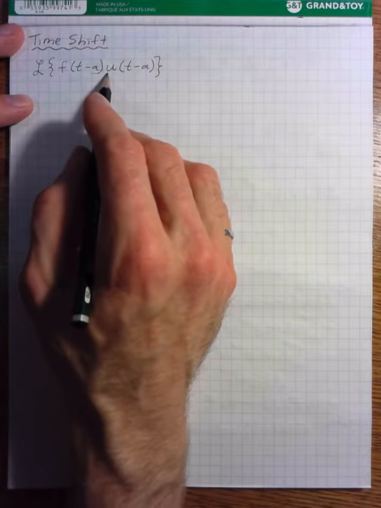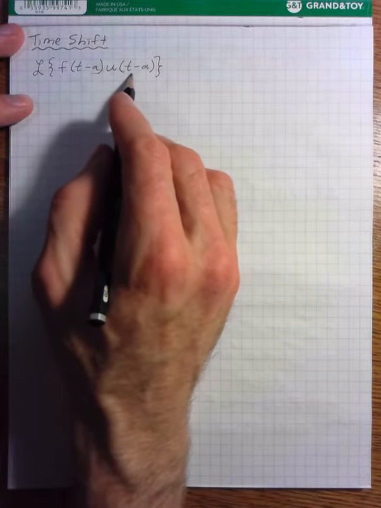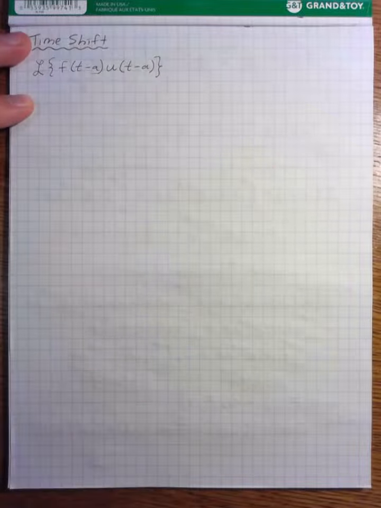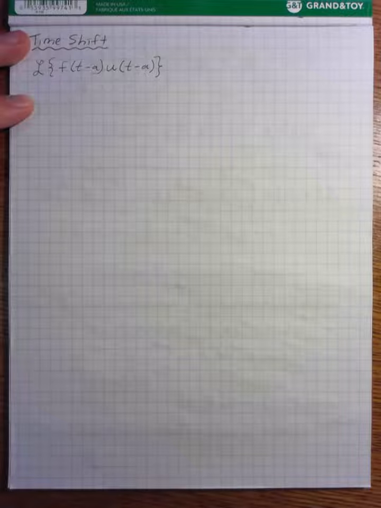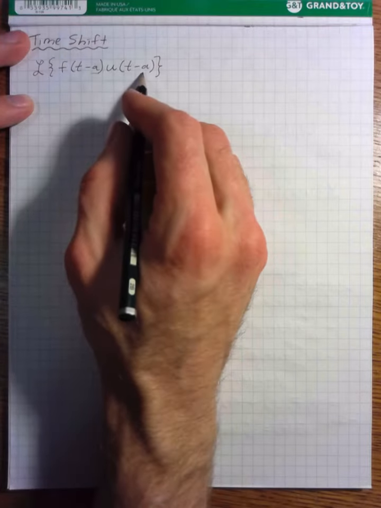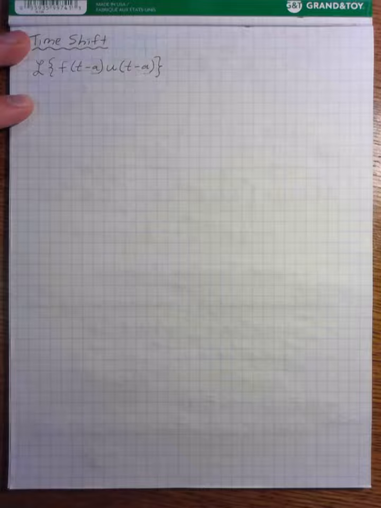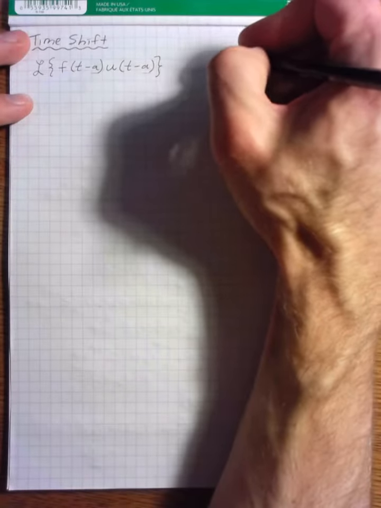And then you'll notice we also multiply this function by a shifted version of the step function. And that's just to make sure that our signal is 0 all the way up to this time shift value, which is something that the Laplace transform kind of needs to happen.